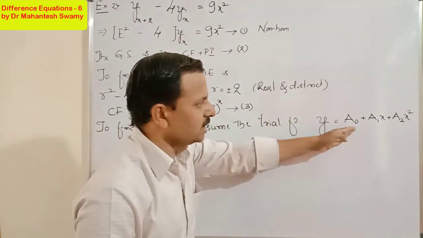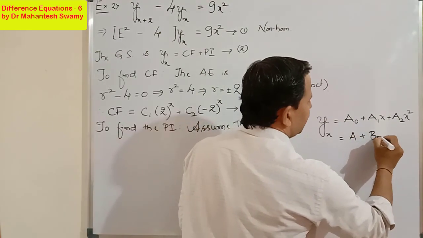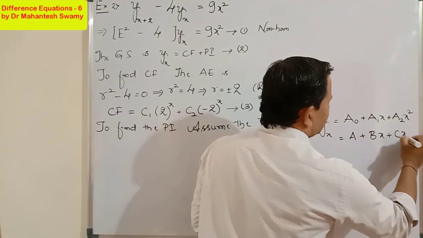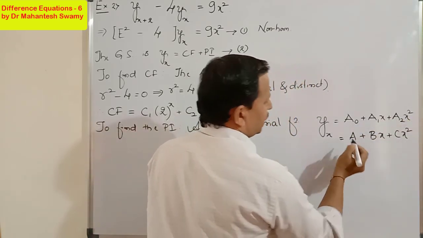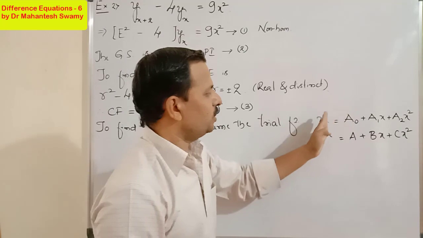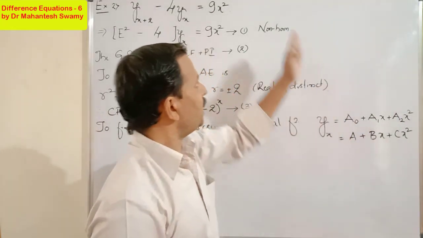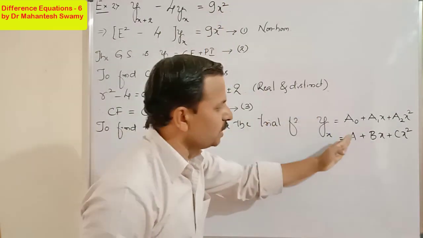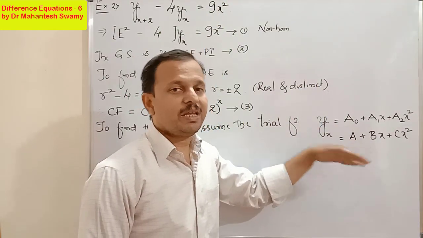Instead of a0, a1, a2, let us consider a, b, c. So y(x) is equal to a plus bx plus cx square is the trial function which we are using here in this problem. Using this trial function in the given equation.